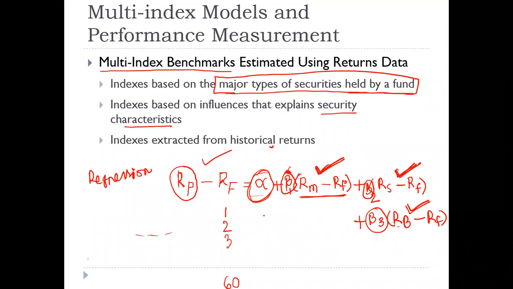For each month, we take the portfolio return and the excess market return. Which one should be the independent variable? Which one should be the dependent variable? For regression?